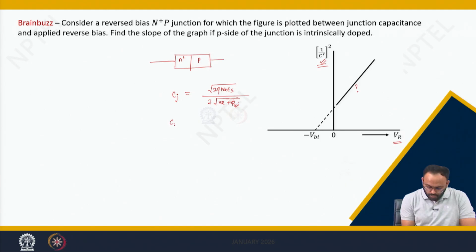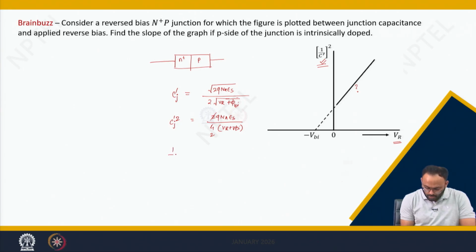So, we are going to do the square of this, per unit area, which equals 2 into q into Na into epsilon s divided by 4 times Vr plus Vbi. This is 2.